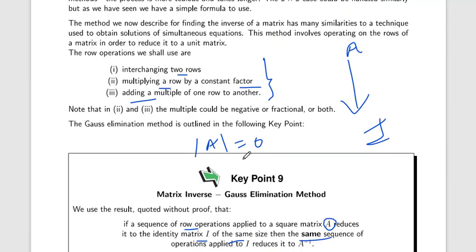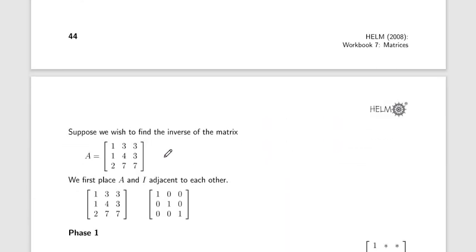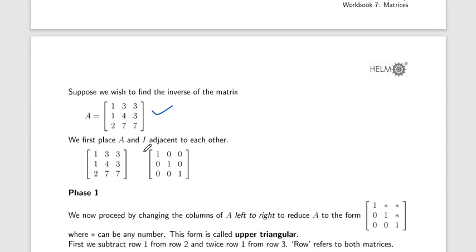Okay, so let's start with an example, then you can understand it better. Suppose this is the A matrix and we want to find the inverse of this matrix. First of all, we place A and I adjacent to each other. Why?